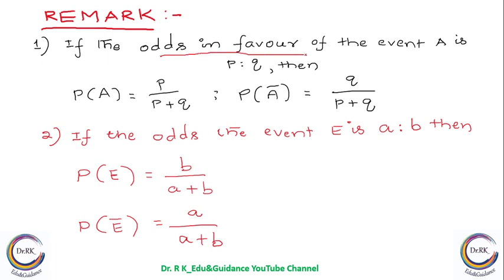Odds in favor of the event A is P is to Q, for example 2 is to 3 means a total of 5, out of which 2 are in favor and 3 are against. So if they use this term odds in favor of, then it means P of A is P by the total, that is P plus Q, and P of A complement is Q by P plus Q. If you sum these two, P of A plus P of A complement is P plus Q by P plus Q, that is 1, which we discussed earlier.